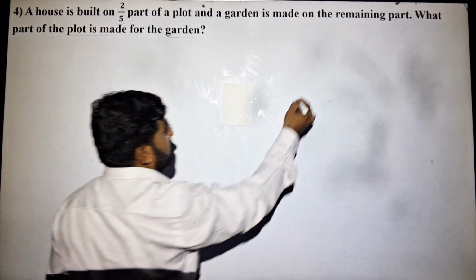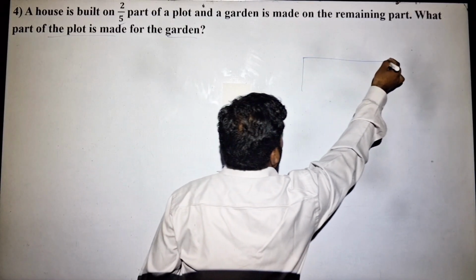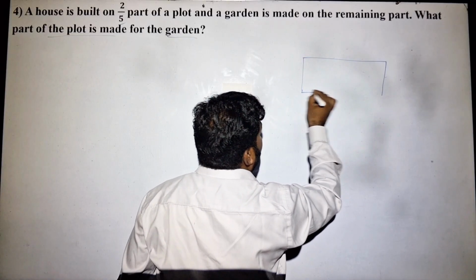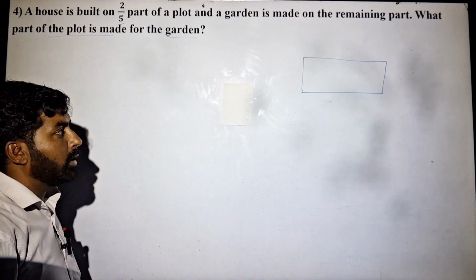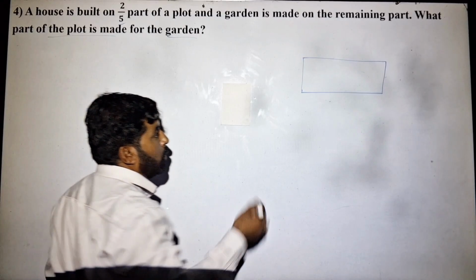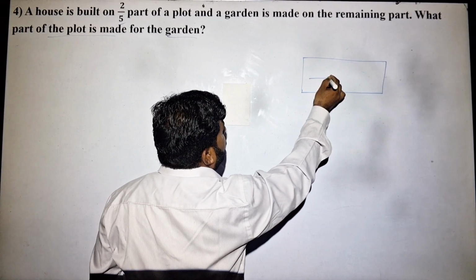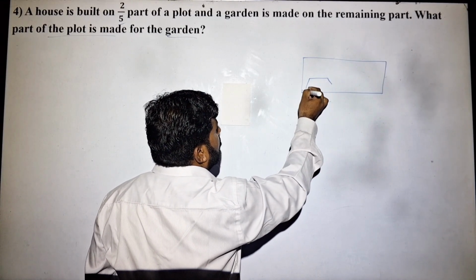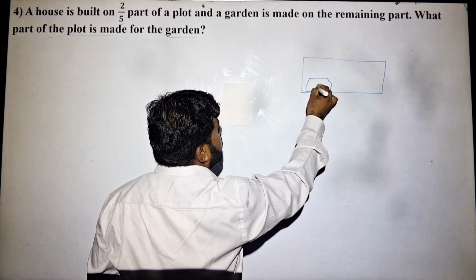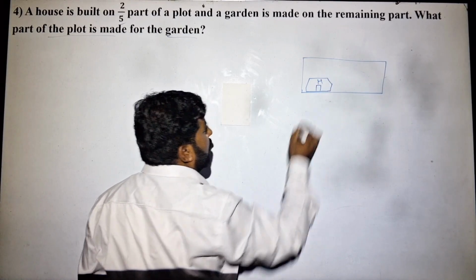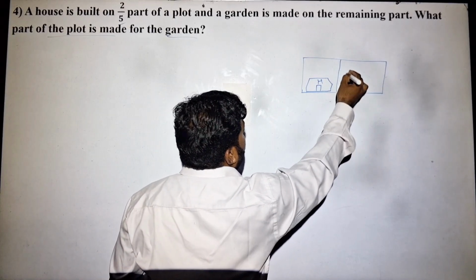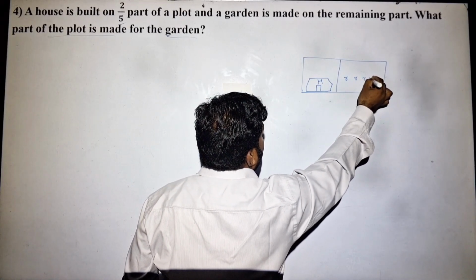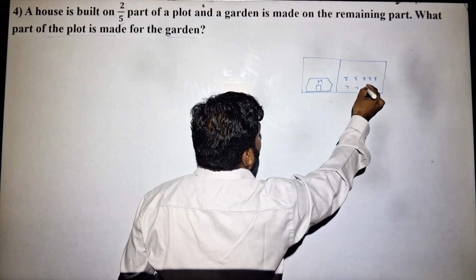Suppose that this is the whole part of the plot, and in this plot we build a house. In the remaining part, we planted a garden. Yes, this is a garden.